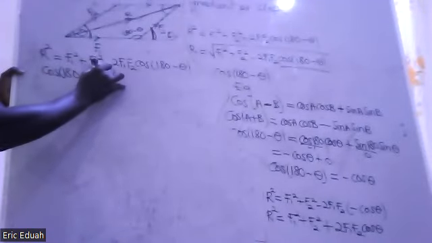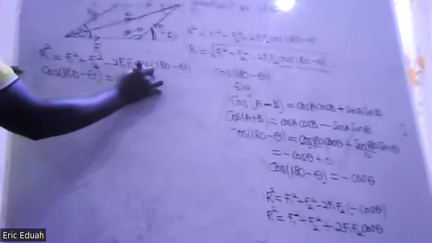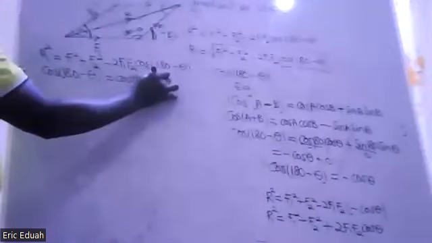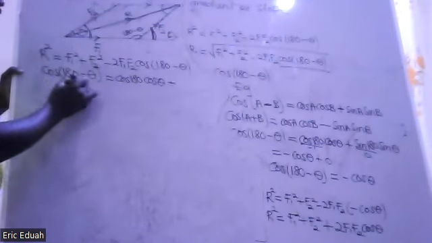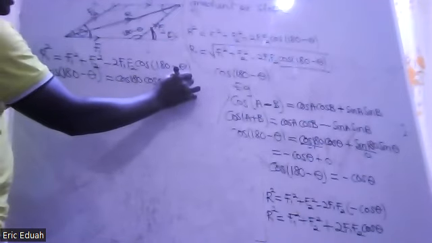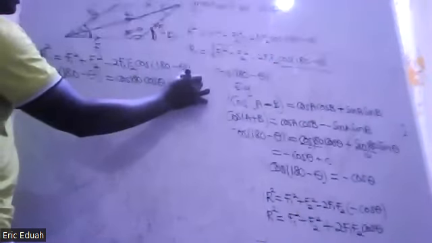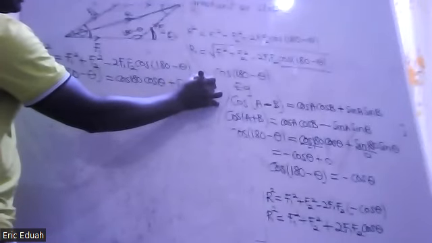Then we pick cos 180 minus theta and expand. The expansion will be cos 180 times cos theta plus sine 180 times sine theta.